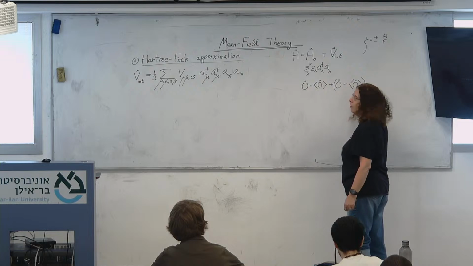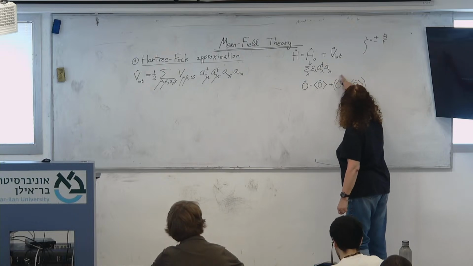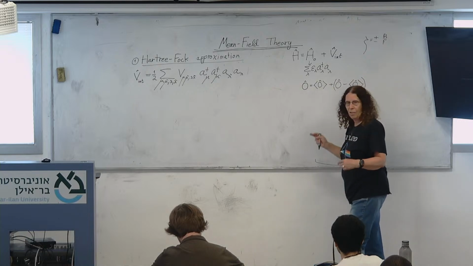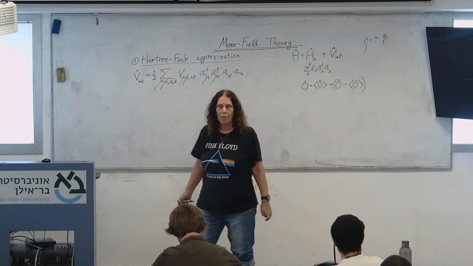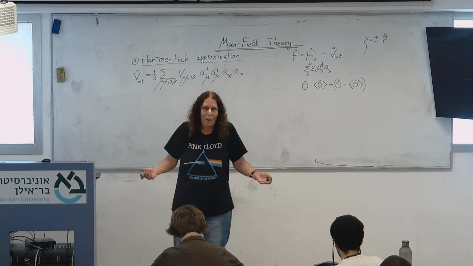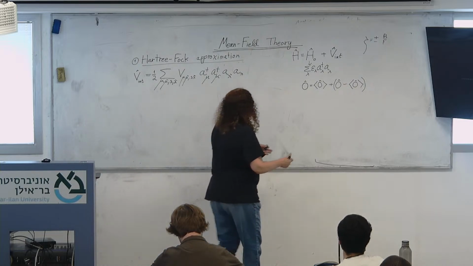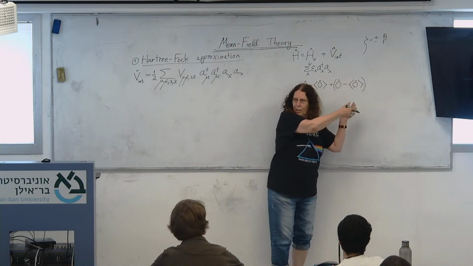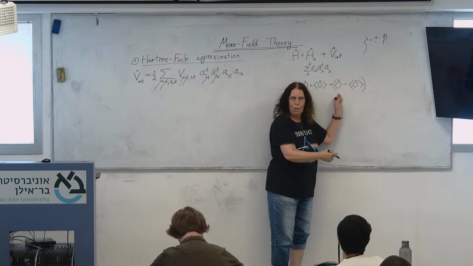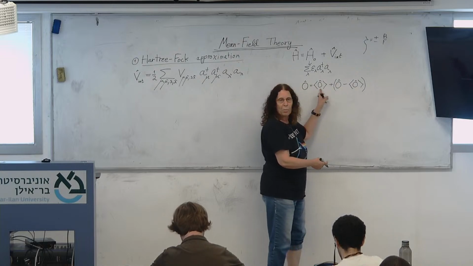You are neglecting this deviation. Okay? Now, this deviation is an operator, it's not a number, but in some sense, if it's small, of course, by itself you cannot tell whether it's large or small because it's an operator, it doesn't have a value. But when you plug it into an expectation value or a matrix element, you can quantify it, and if it turns out that it is small and you neglect it, you can replace the operator by its expectation value.